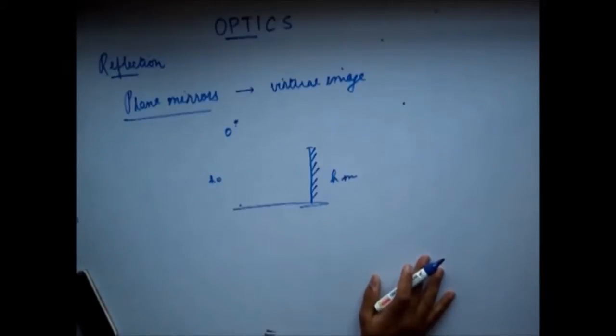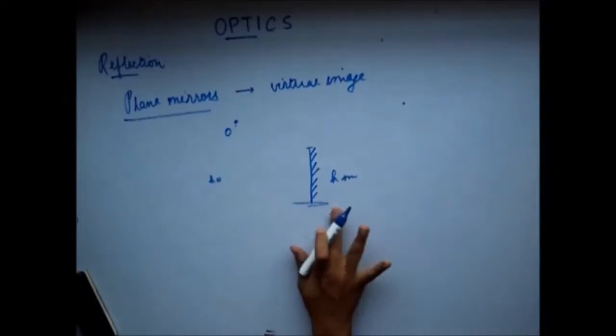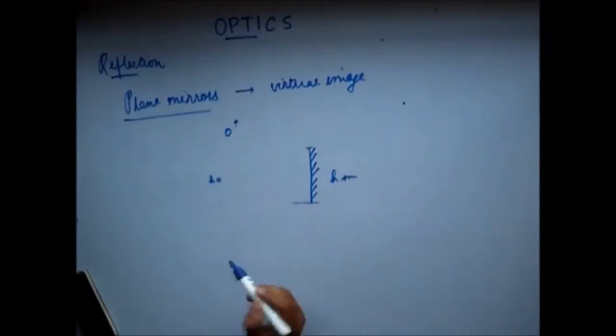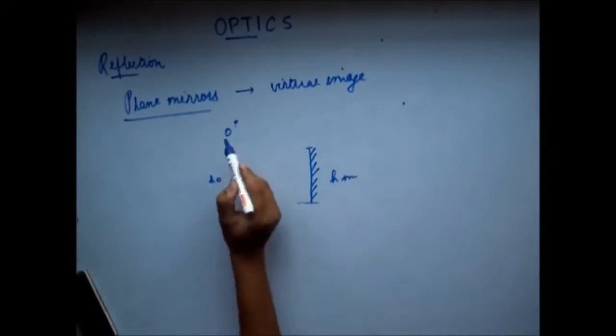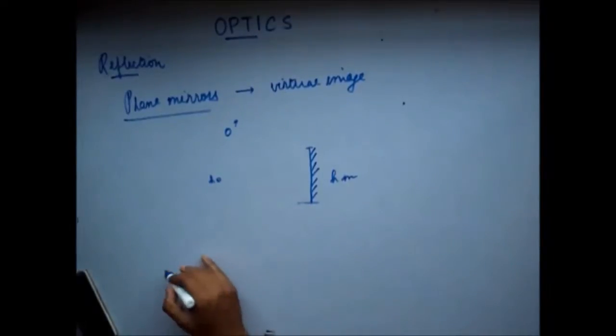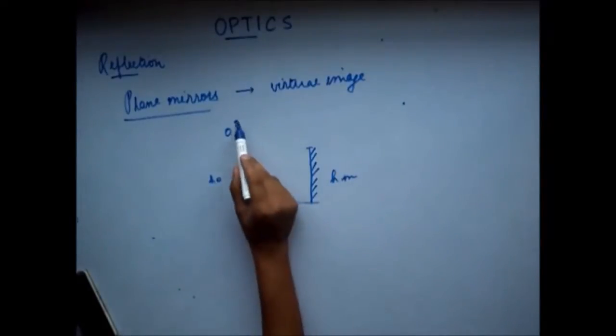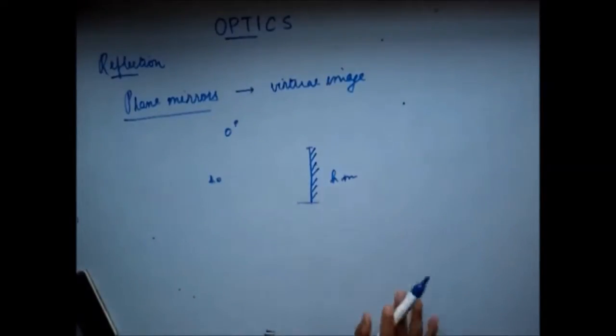Now my question is, okay, let's say that the ground is not here, the ground is somewhere here. Now my question is, will this object be visible to me if I am somewhere here or here or here, somewhere here or here or here, will I be able to see this object through this mirror? What is your answer?